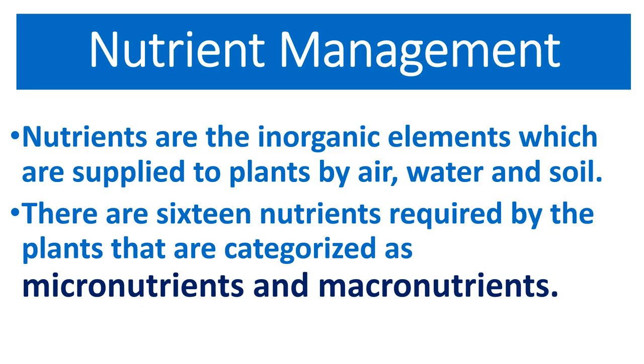There are 16 nutrients which are essential for plants, and they are categorized as micronutrients and macronutrients. Or in other words, you can say the types of nutrients, that is micronutrients and macronutrients.